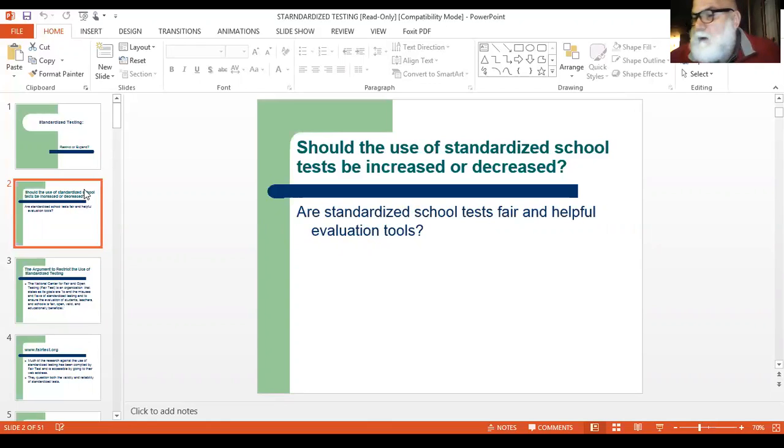And kind of the bottom line on this one is if they're the right kind of standardized tests that have open-ended and essay questions. But standardized tests that only do multiple choice are especially harmful to lower income students and minority students because they're basically rote and recall type things.